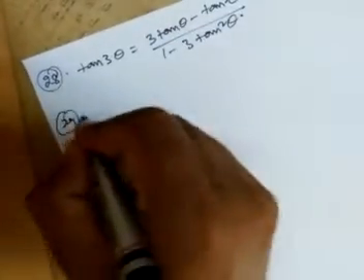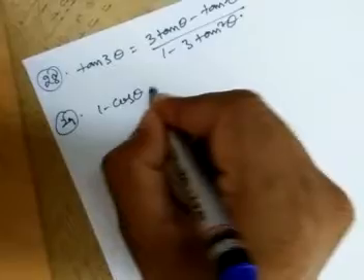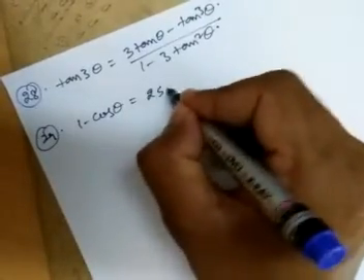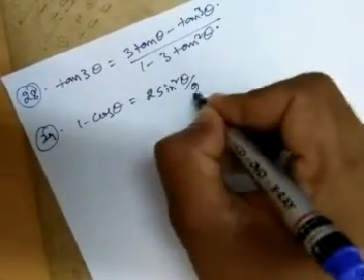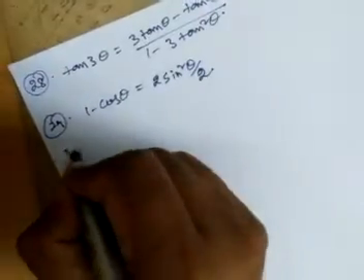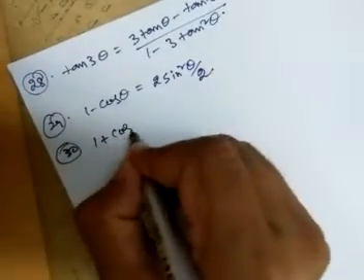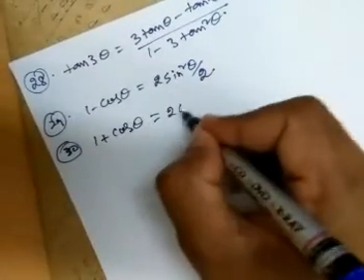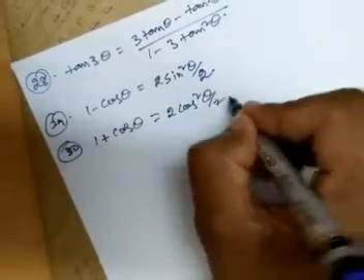Next, 1 minus cos theta equals 2 sine square theta by 2. 1 plus cos theta equals 2 cos square theta by 2.